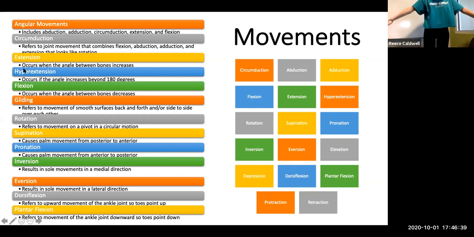So abduction, away from midline. Adduction, you're adding to midline. So with abduction, you can think abduct, you were abducted, you were taken away. Adduction, you're adding to midline, so coming closer.